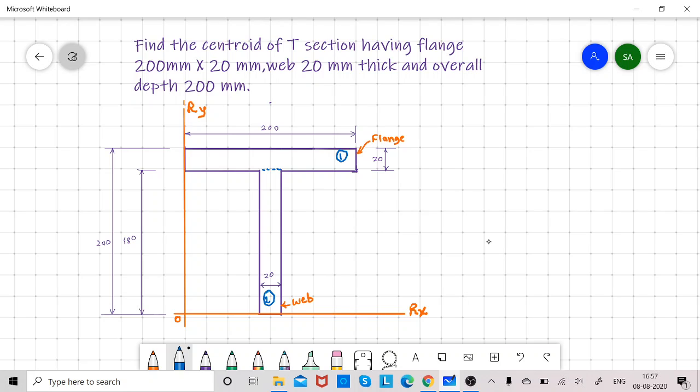Now in the next step, I will locate the centroid of each part. So part 1, that is the flange rectangle, its centroid is here as it is a rectangle.